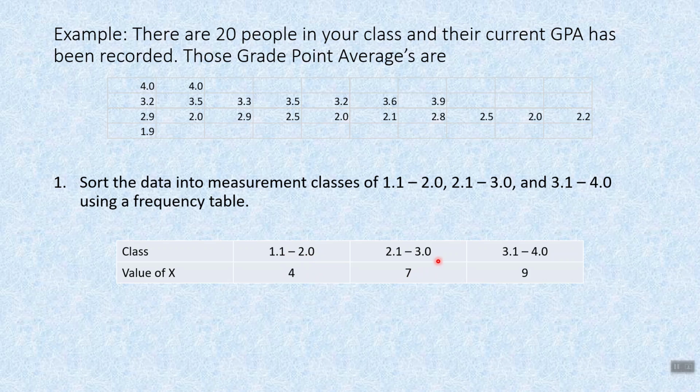How many values between 2.1 and 3.0 do we have? Well, we look here, 1, 2, 3, 4, 5, 6, 7. 7 values. And the other 9, the rest of them, are going to be 3.1 to 4.0. That's it. So if we have all of our data, we could sort them into classes. We could group them up however we choose, and we could count how many outcomes of the value of capital X are in each measurement class.